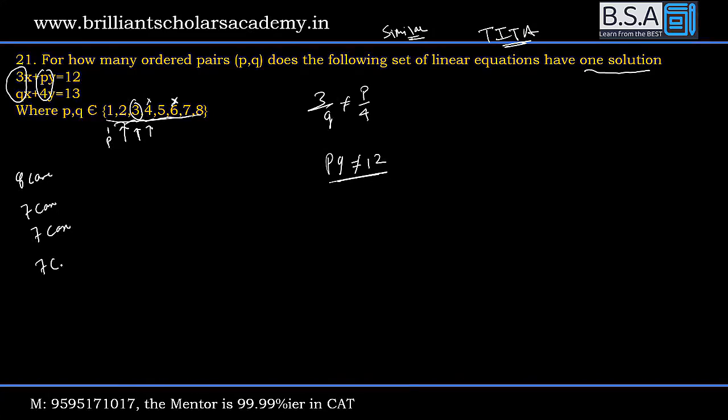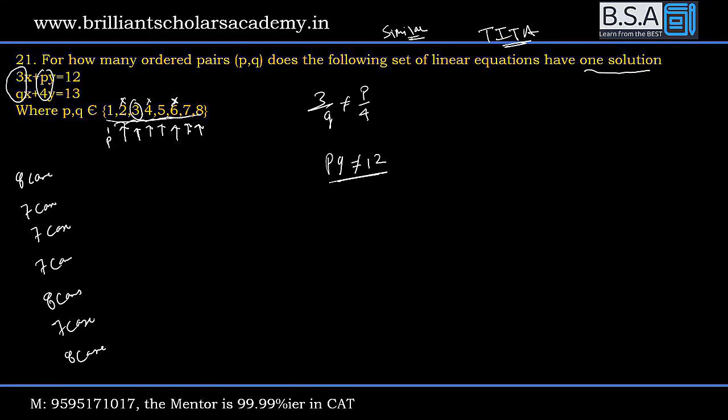So 7 cases. When P is equal to 5, Q can be anything. So 8 cases. When P is equal to 6, Q cannot be 2. So 7 cases. P is equal to 7, Q can be anything. 8 cases, 8 possibilities, 8 pairs.